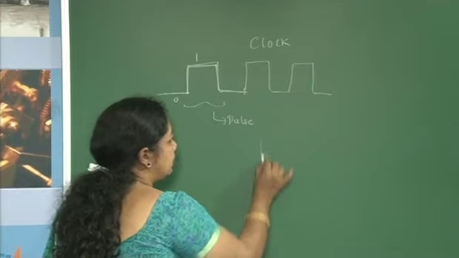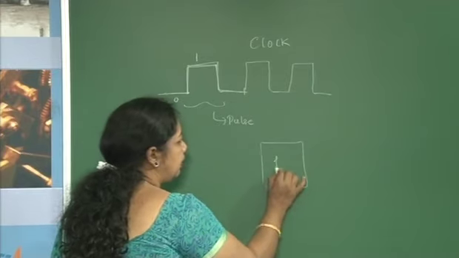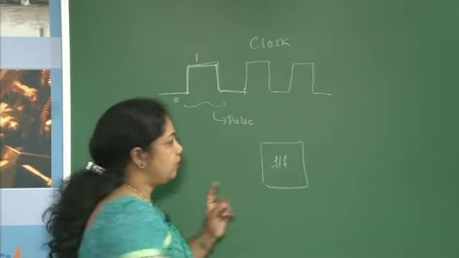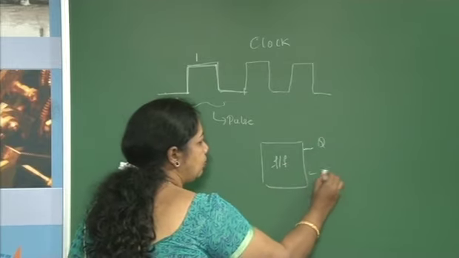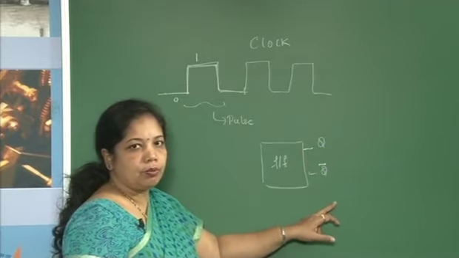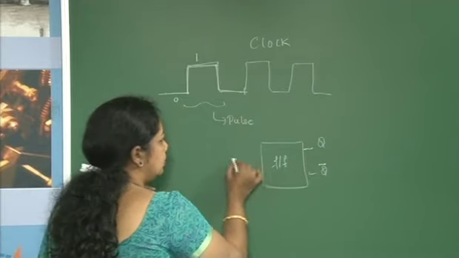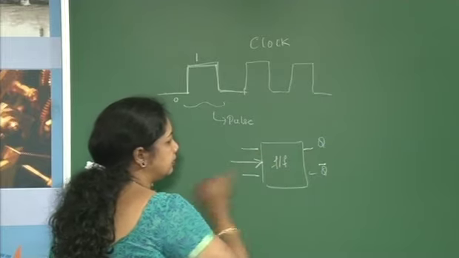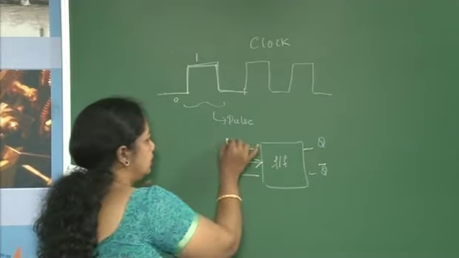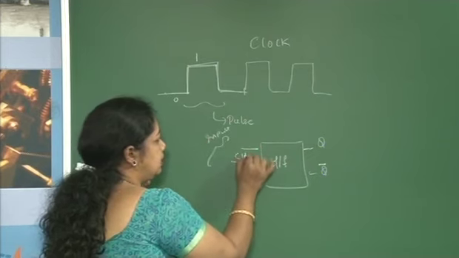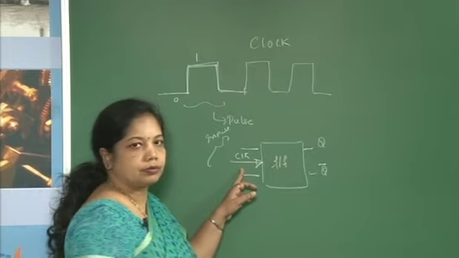So whenever I use a flip-flop, suppose this is a flip-flop which has the normal output as well as the complemented output. I need to give the inputs here, and this represents the clock.